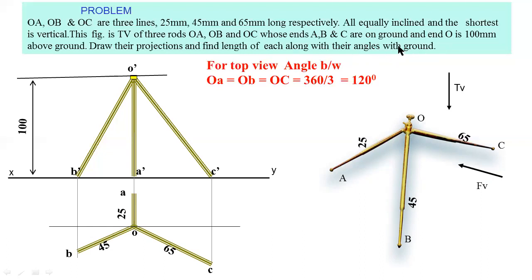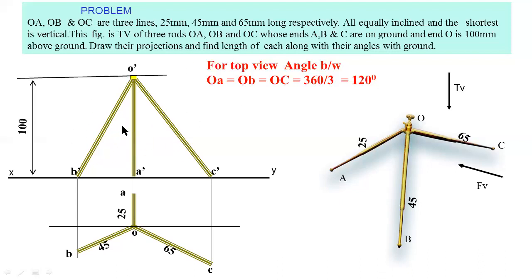Angles with the ground means you have to find the angle of inclination with the horizontal plane. These angles are always projected on the vertical plane. So the angles with the ground always project on this vertical plane.